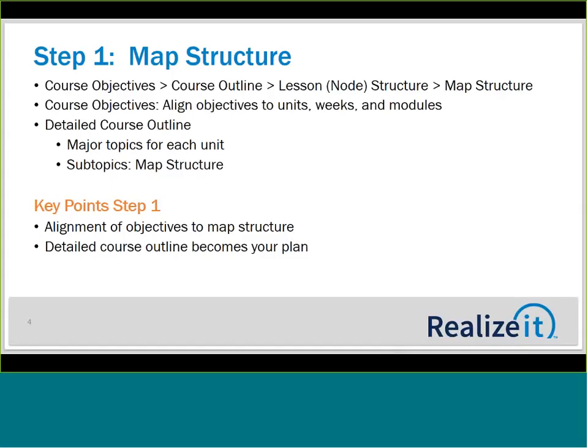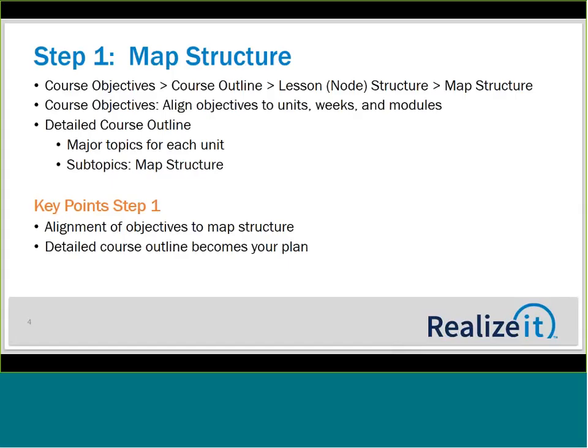So if you have course objectives, a detailed course outline, and the alignment of those objectives and those topics in that outline aligned with your units or weeks or modules, whatever you call them, you actually have everything you need to start to build a learning map.